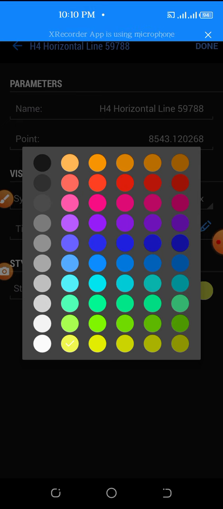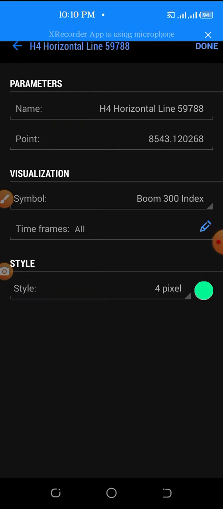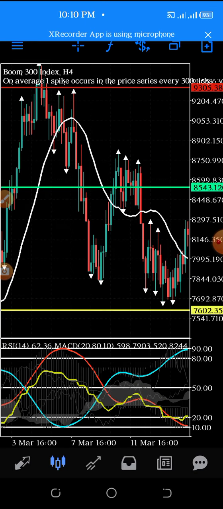Then say done. Done is at the top right corner of the window. Click on done and see the color you have on the chart. That's how you can change the color of the line to differentiate support and resistance on the chart.